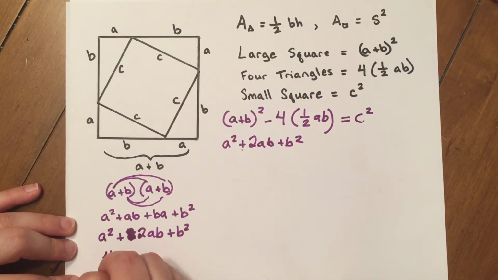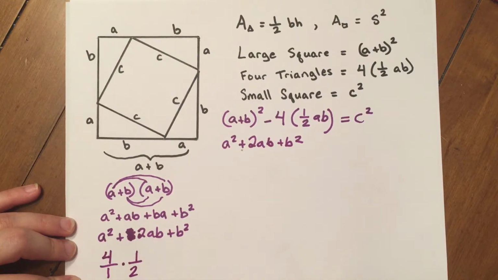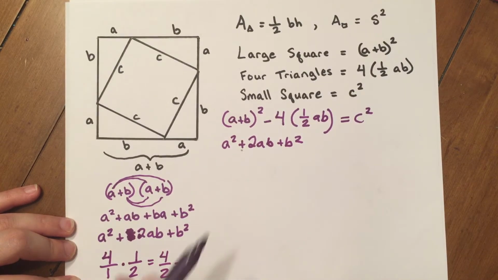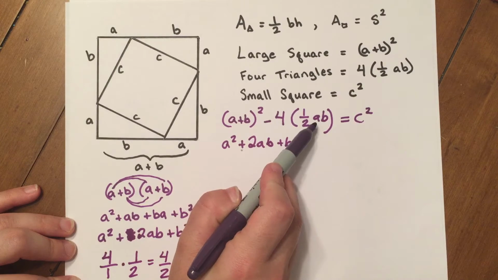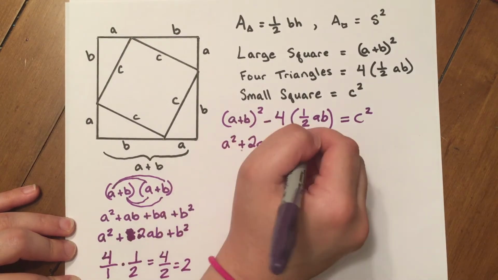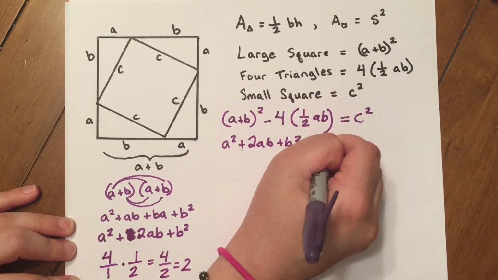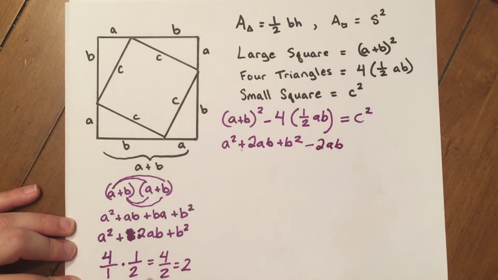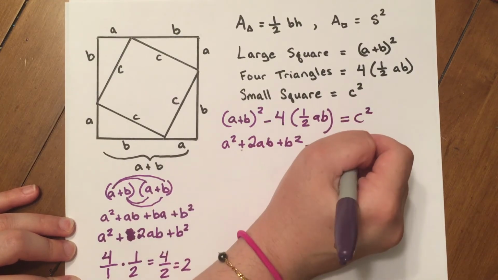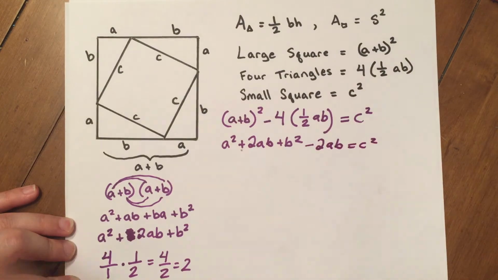We have 4 over 1 times 1 over 2 equals 4 over 2 equals 2. So then the AB just get carried down, and we end up with minus 2AB. And then on this side, we can just bring down the c squared.